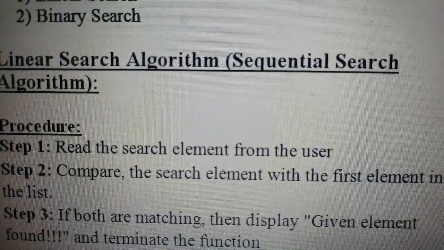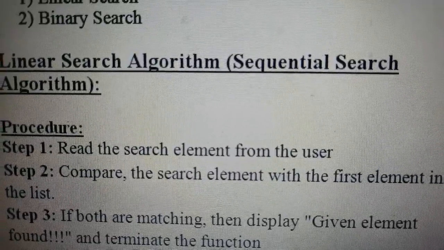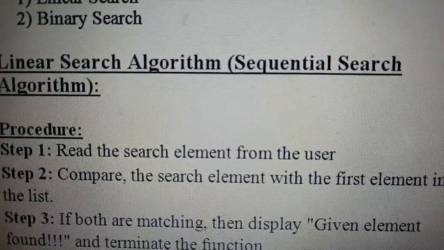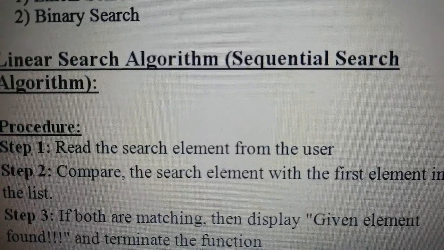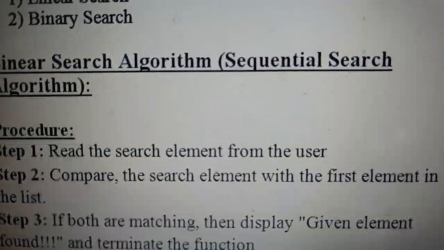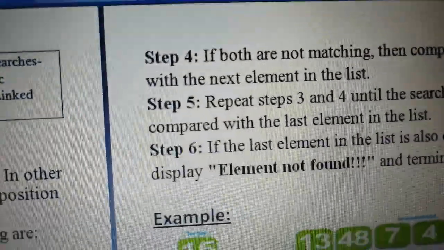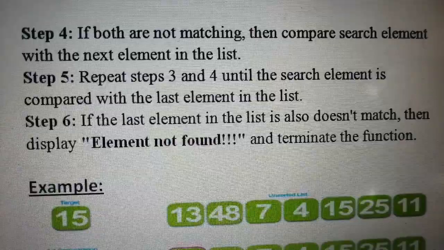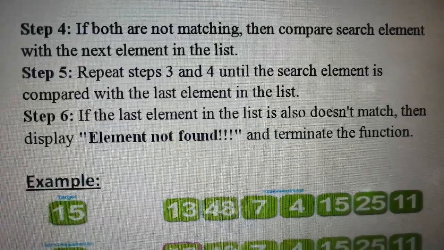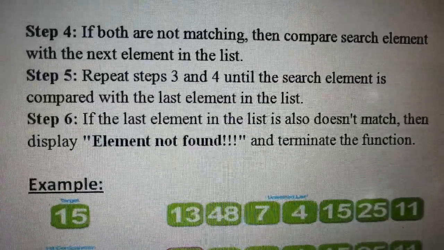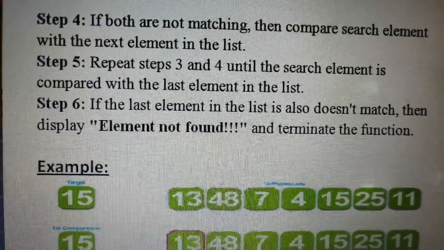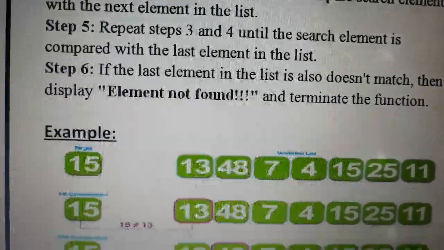The third step is, if any match is found, display that the value is found at that particular array location and quit the process. If not found, we repeat the process until we reach the end of the array. That is the process involved in the linear search technique.